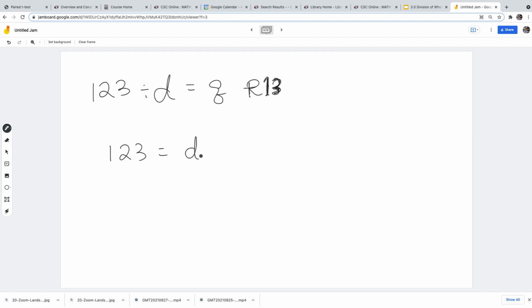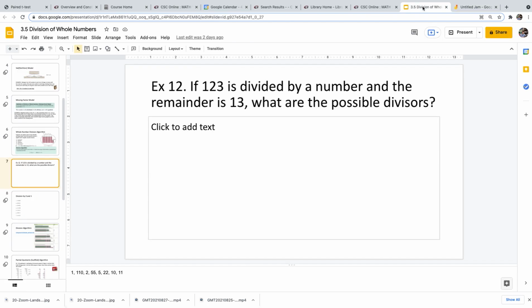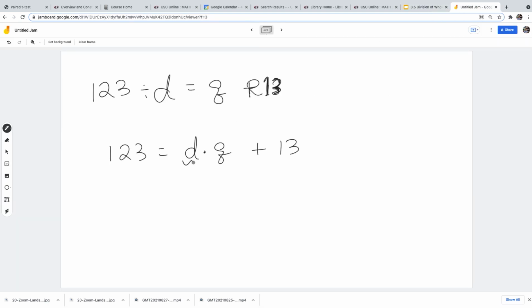So divisor times quotient, both of course whole numbers, plus 13, gives 123. And we need to find out what the possible divisors could be. That's the question. We don't know the quotient or the divisor, we only know the remainder and the dividend.